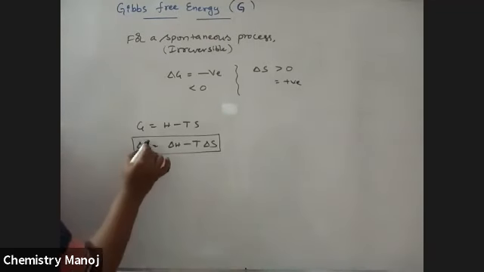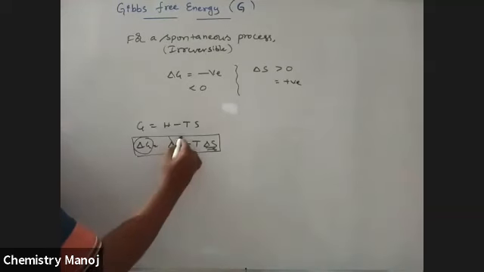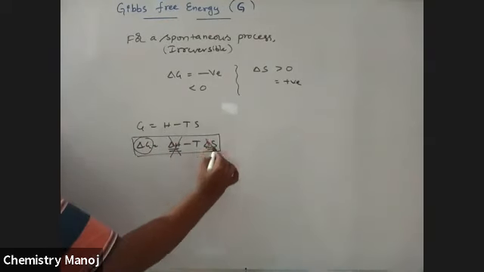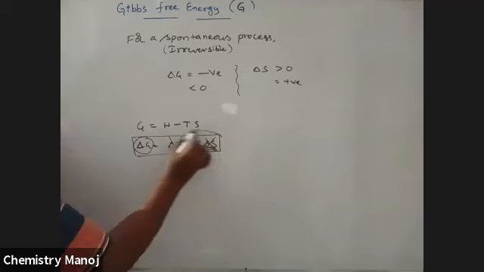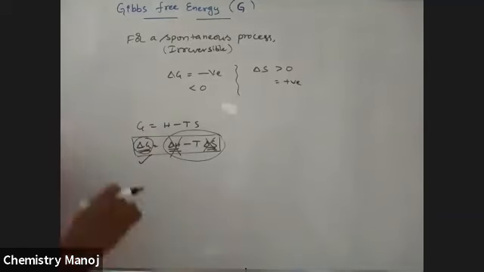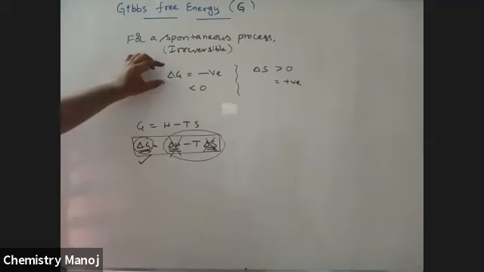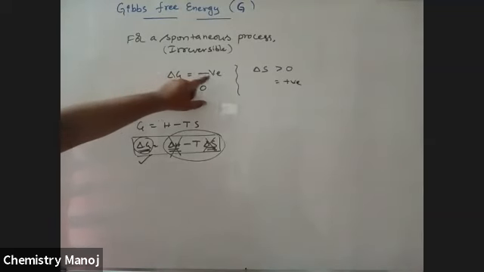That means delta G is a function of delta H and delta S. Delta S individually failed, but the combination of delta H and delta S, that is delta G, clearly explains the spontaneity of the process. So when a reaction is going to be spontaneous, delta G should be negative.